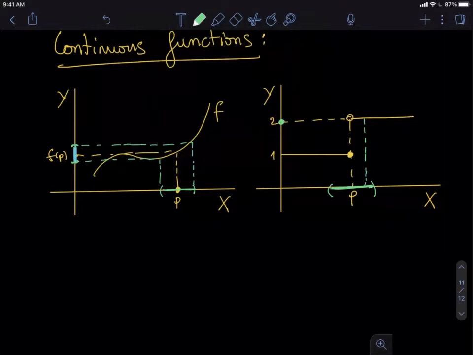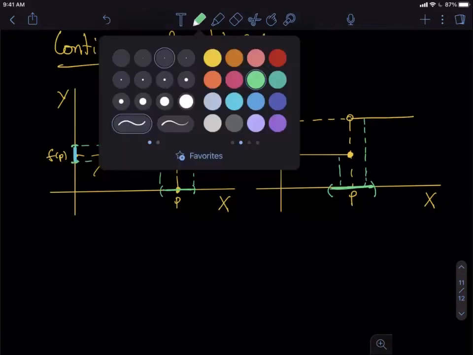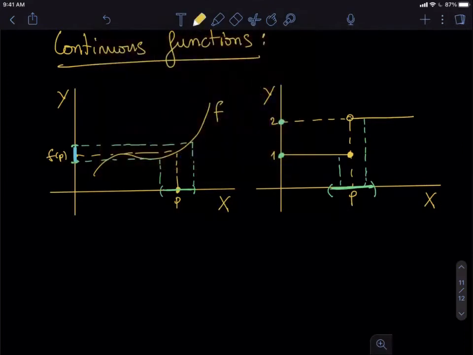But the points on the left of P are going to land here with a value of 1. And that's it, there is nothing in between. In this case, 1 is our f of P.